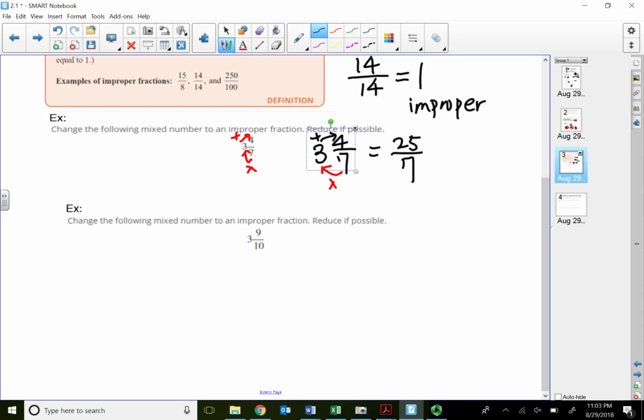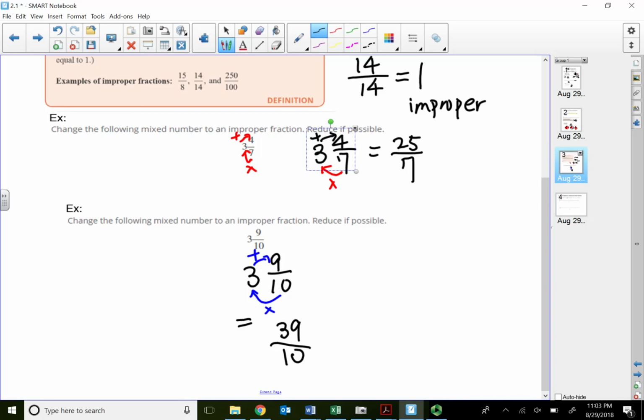For another example, 3 and 9 over 10, convert into an improper fraction. We normally take the denominator times the whole number and then plus the numerator. So 10 times 3 is 30. 30 plus 9 is 39. But my denominator still has to be 10.